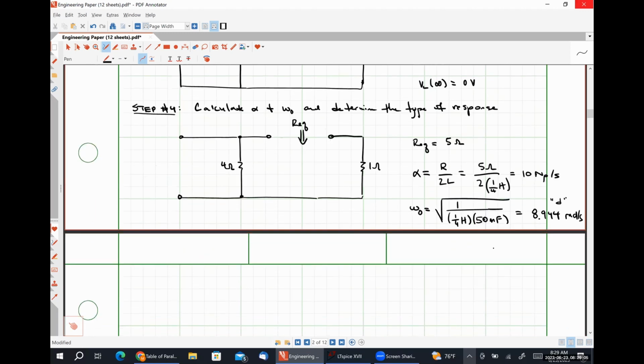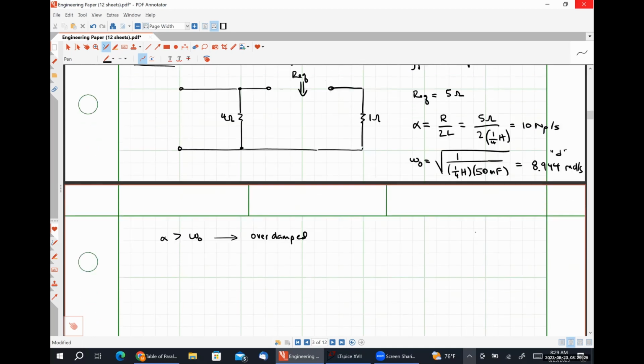So we can see that alpha is greater than omega naught, which means that this is an overdamped response. And since I'm dealing with an overdamped response, I'm going to need to know what S1 and S2 are.